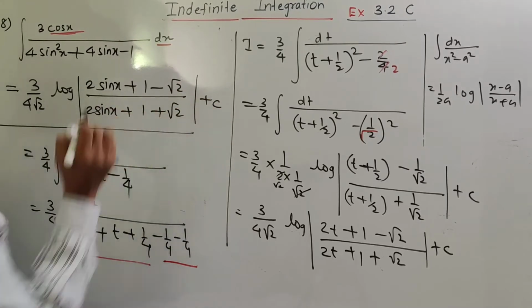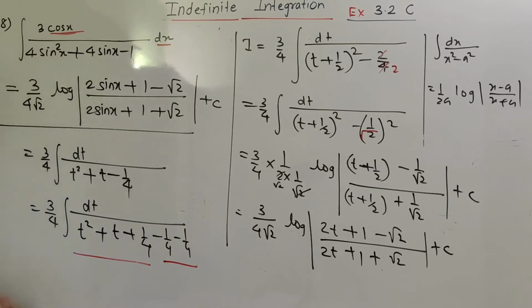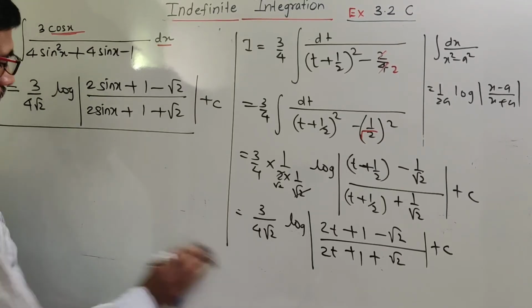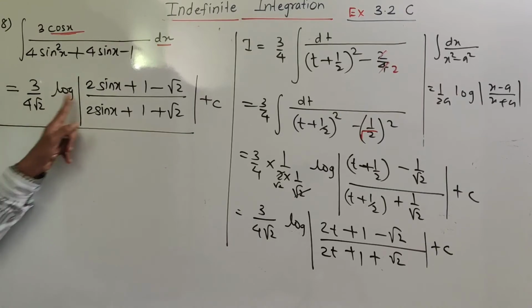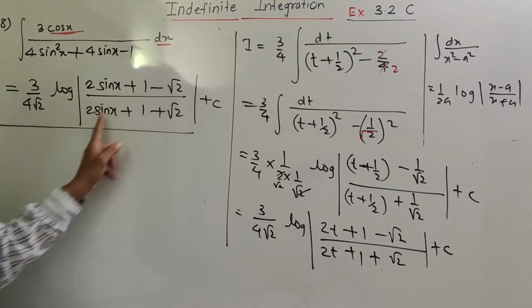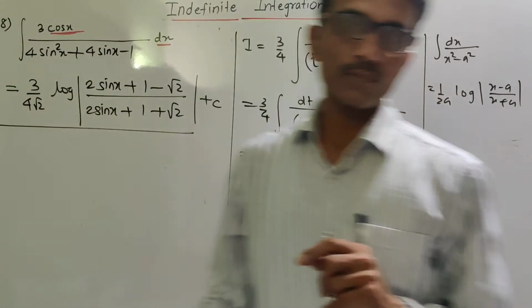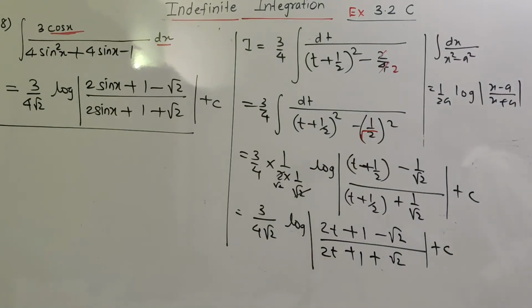This will be the answer: 3 by 4 root 2 log of (2 sin x plus 1 minus root 2) by (2 sin x plus 1 plus root 2) plus c.